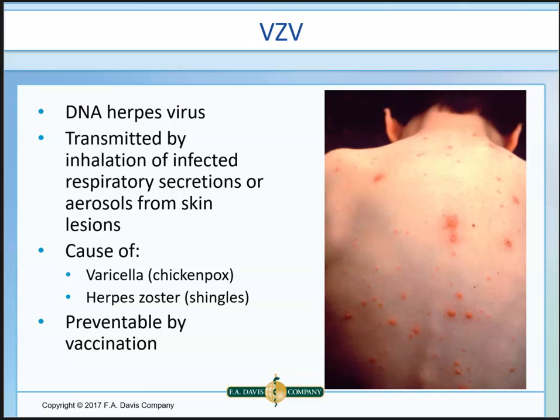But the virus can be latent, and it can travel in the sensory neurons and then become reactivated later, and that would be the shingles. And from what I'm hearing, shingles is extremely painful. It's like getting a hot poker stuck in you. It burns, a lot of debilitating pain. It's awful. So vaccination is very important for this.